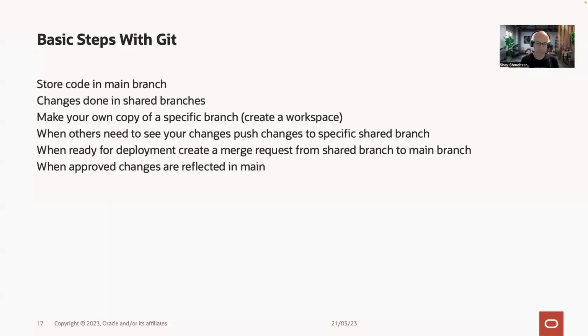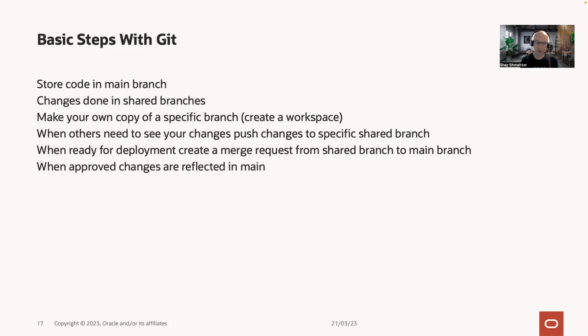Then you're going to push those changes back into this shared branch so other people can see the same branch. Once the branch is ready to be deployed, you're going to take the artifacts from the branch, merge them into the main branch, and then the main branch is usually what you're going to deploy as the application that is ready for production. Okay.